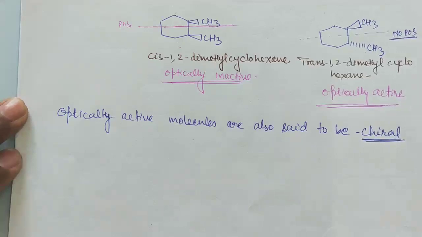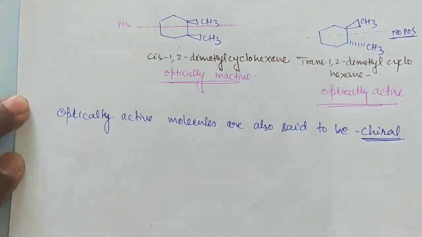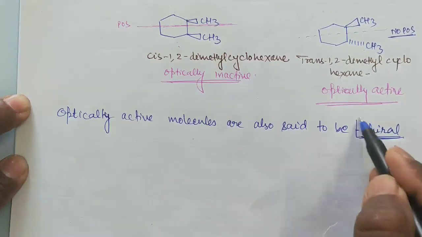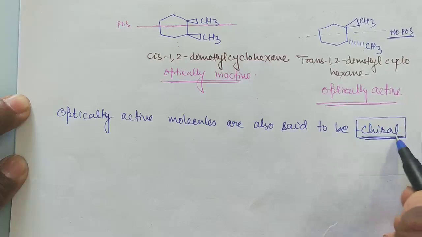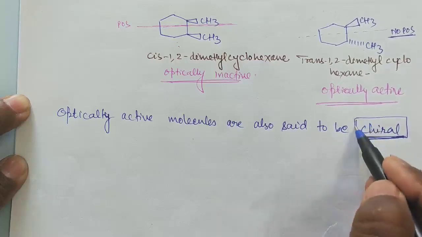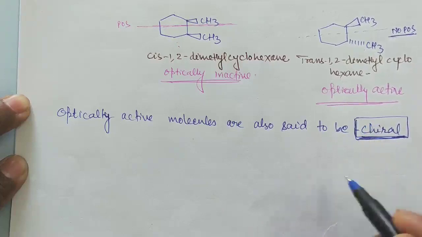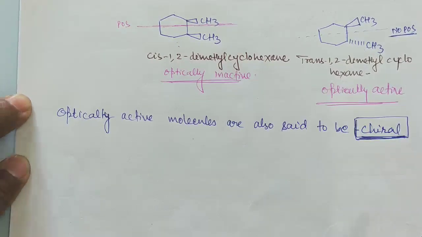The molecules which have the ability to show optical activity are said to be chiral. Any molecule which has the ability to rotate the plane of plane polarized light is said to be chiral.